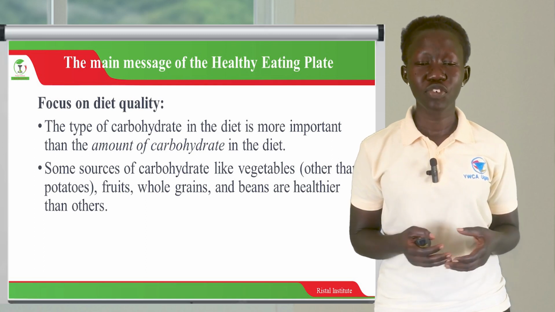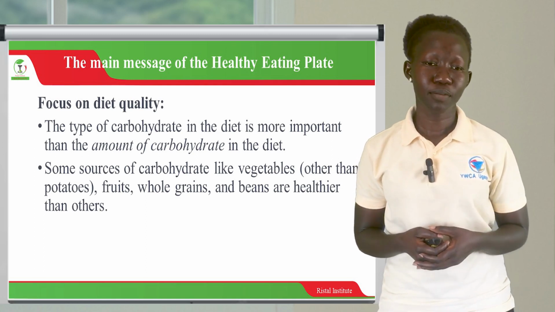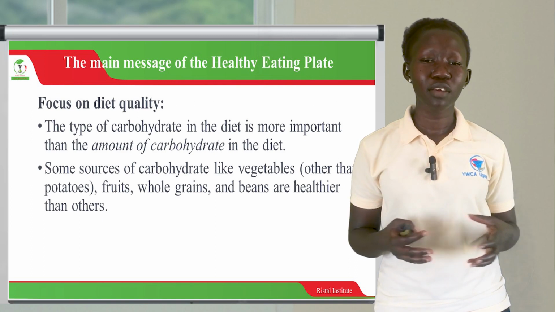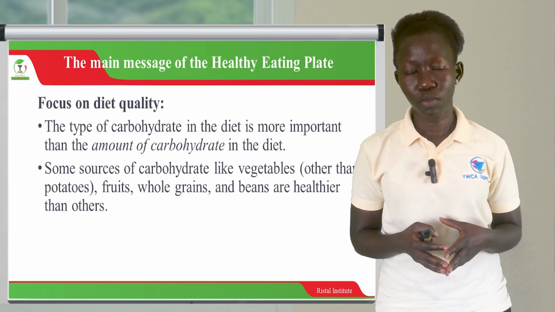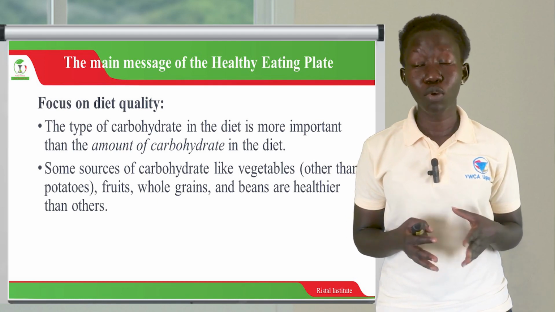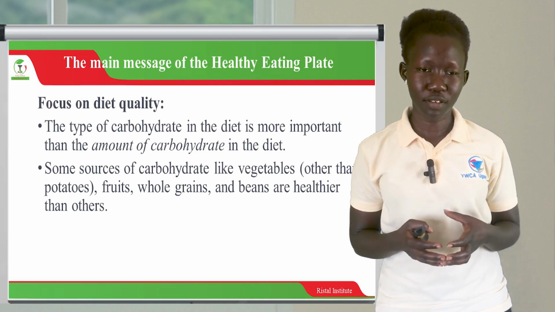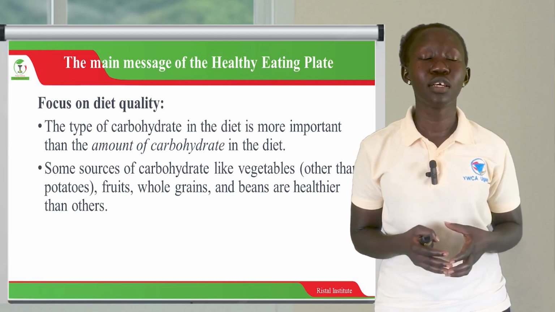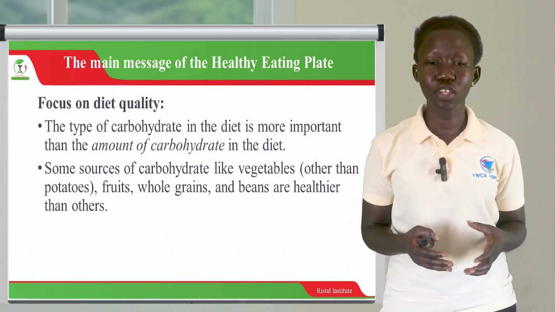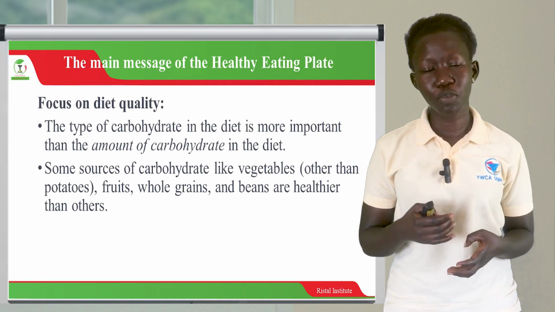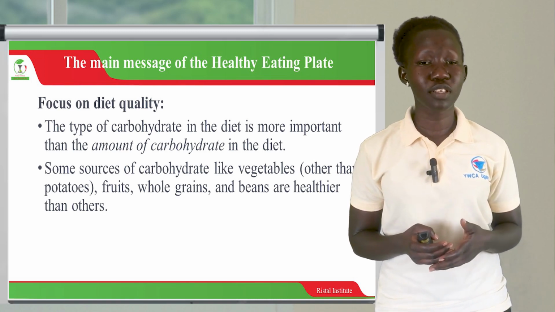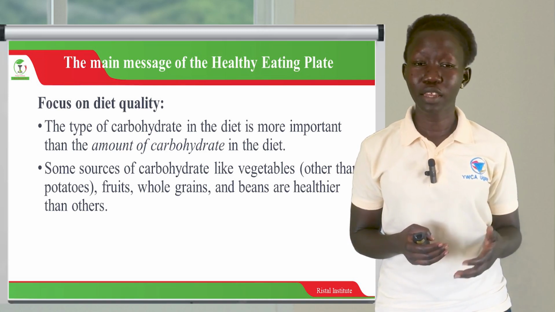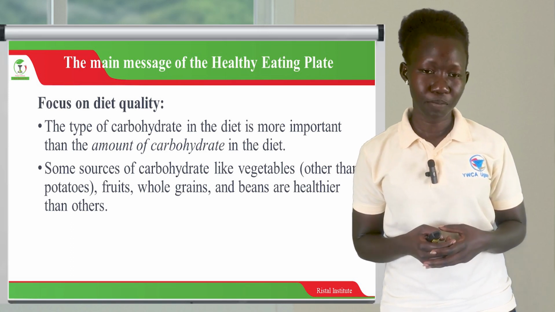So what are the main messages of the Healthy Eating Plate? According to the Healthy Eating Plate, we are focusing mainly on diet quality and not quantity. We want you to consume a quality diet that consists of all the major nutrients and the minor nutrients that you need to help you function well. The type of carbohydrate in the diet is more important than the amount of carbohydrate in the diet.